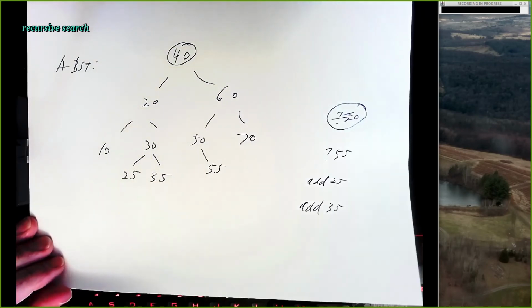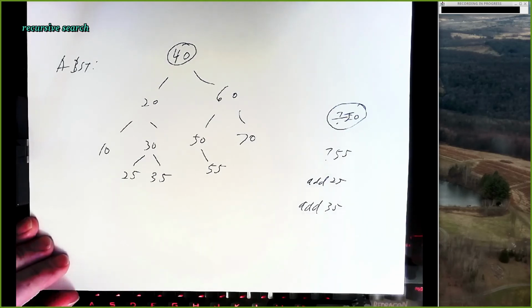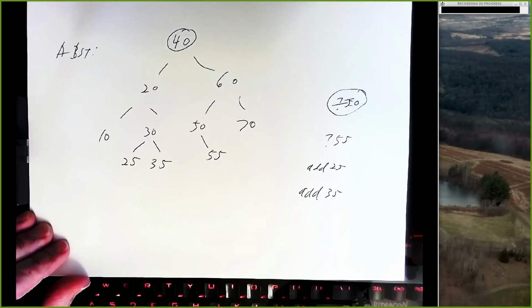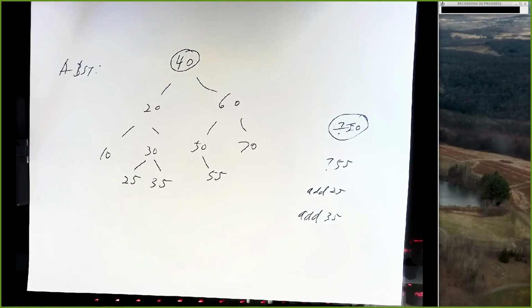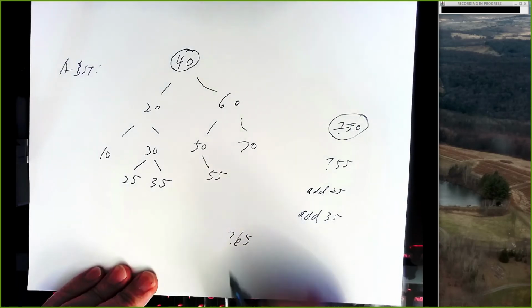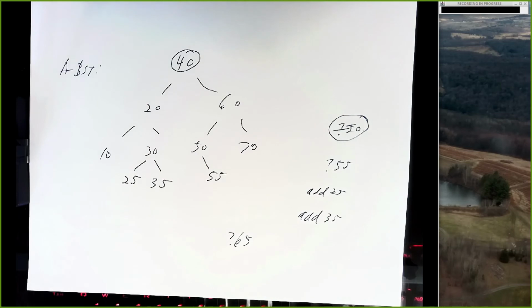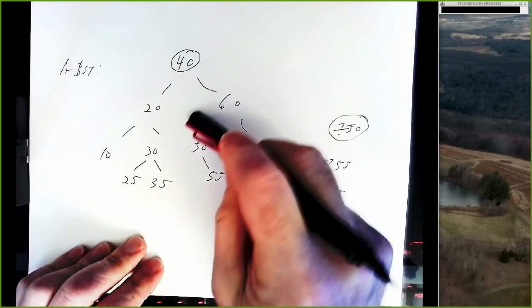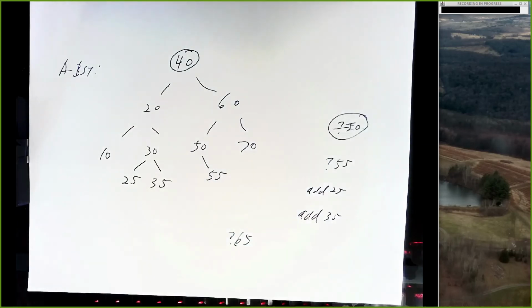Well, there's a different way to think about searching, and this is a recursive search. This is similar to what we were doing with printing. So suppose we want to know, is there 65 in this tree? Well, we could do what we've done, keep moving down until we either find a 65 or we run out of nodes.